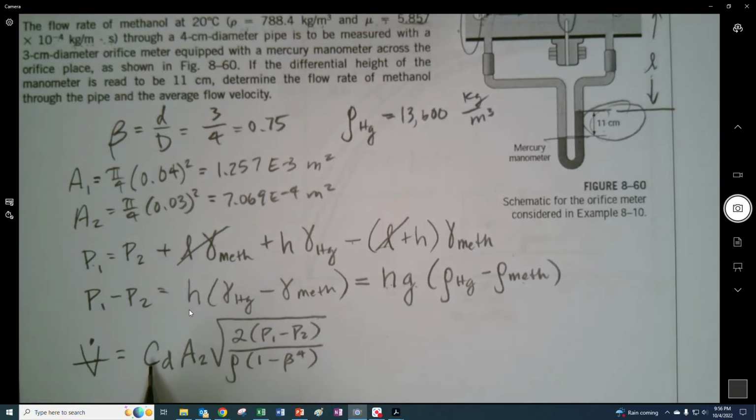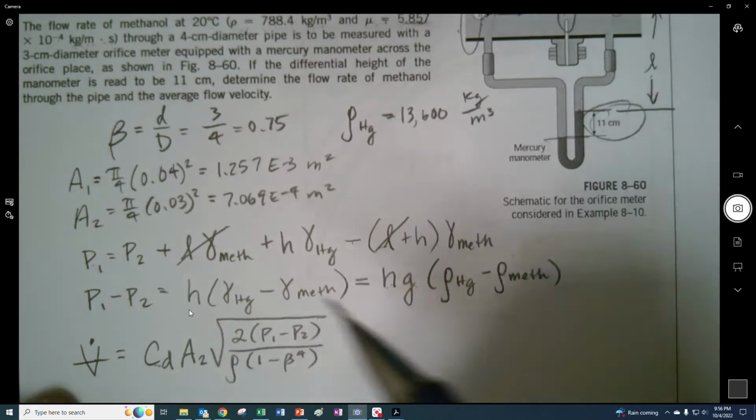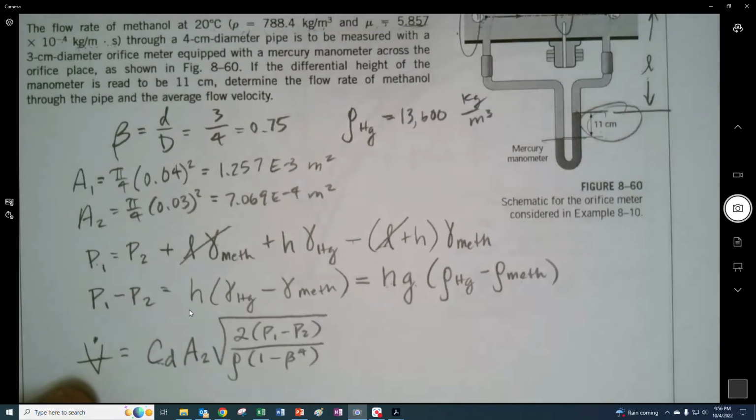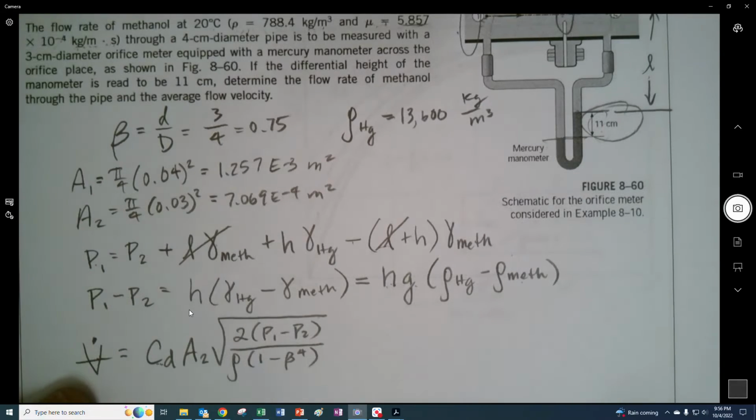My big issue is that in order to find this CD, this coefficient, I need to know the Reynolds number. And to know the Reynolds number, I need the velocity. But to know the velocity, I need the volumetric flow rate. So we got ourselves a paradox. The only thing we can do is iterate.